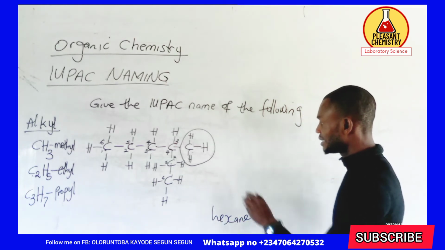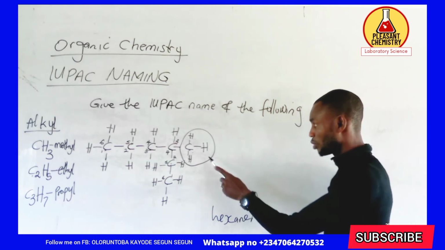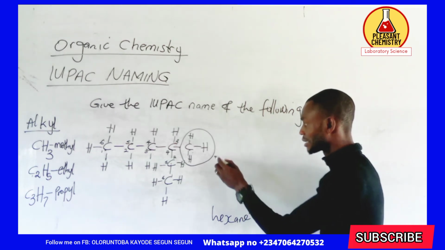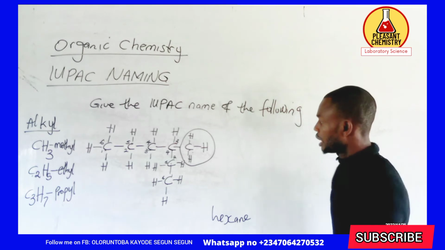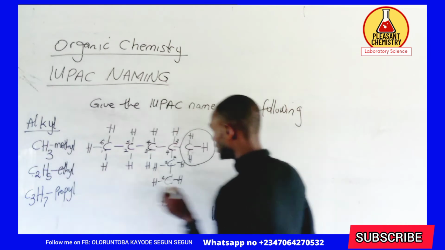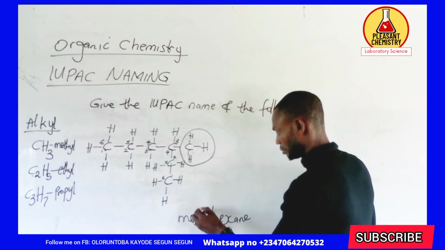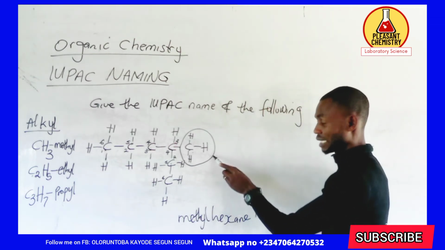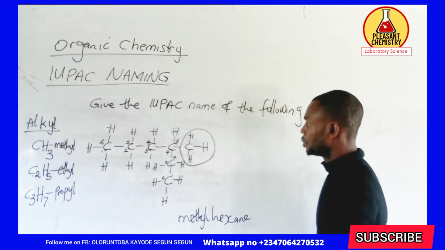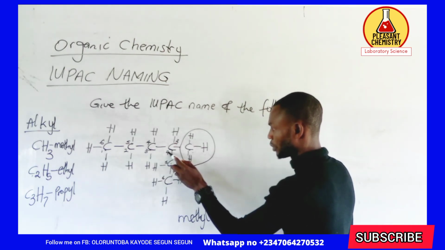The next thing is that for this attachment, we must identify the number of the carbon that it falls on. Then the second thing is that this attachment also has a name. If you look at it, this is CH3. It is called methyl, like I've said earlier. This is a single attachment and it is called methyl. Now which number does it fall on? That's another rule. If we start counting from here, this methyl falls on carbon number 4.